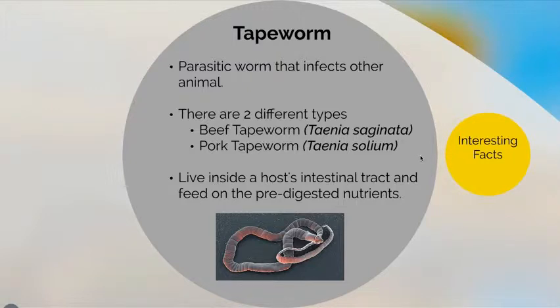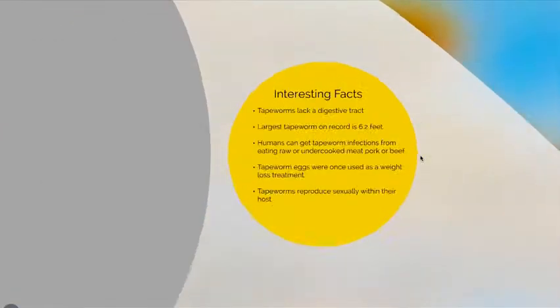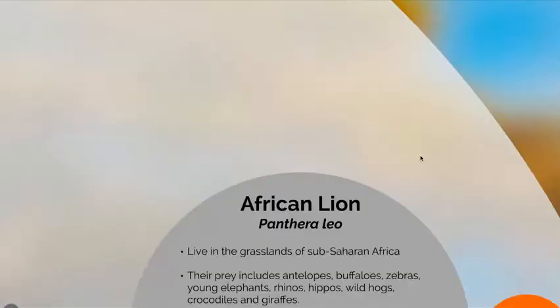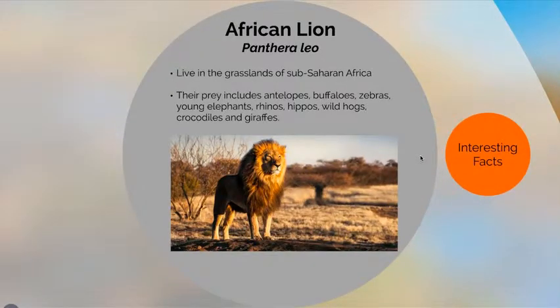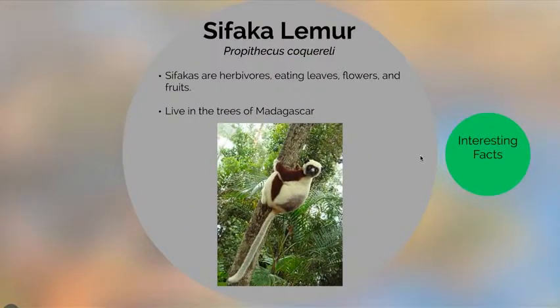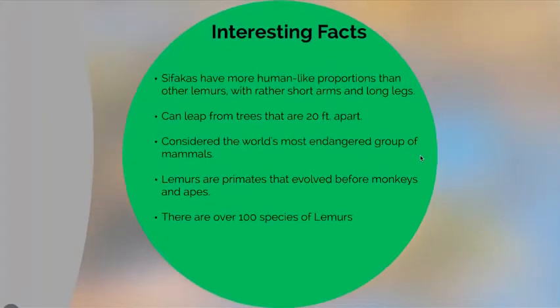So if I hit the space bar again, it'll take me into the interesting facts. And if I hit it again, it'll take me to the next animal, the African lion, and its interesting facts. Hit the space bar again, it'll take me to the lemur and the information about it.